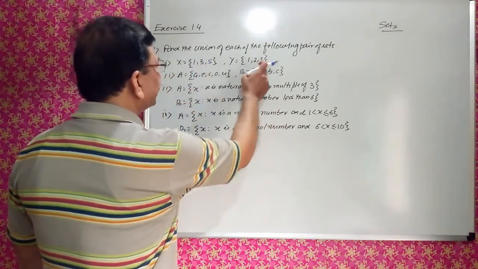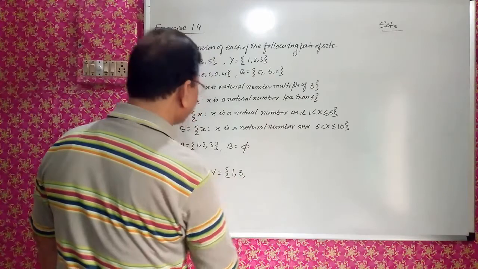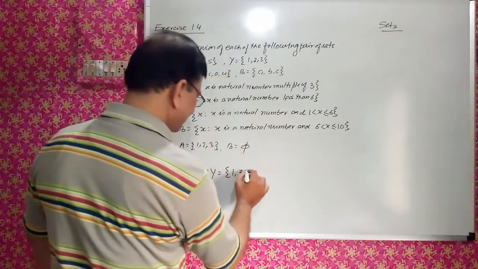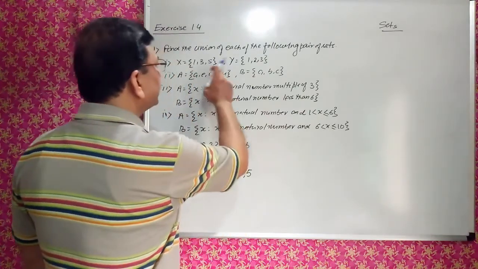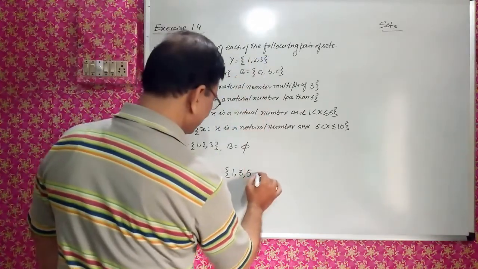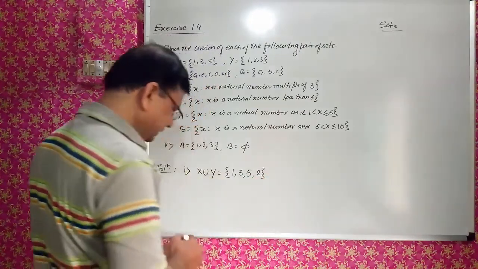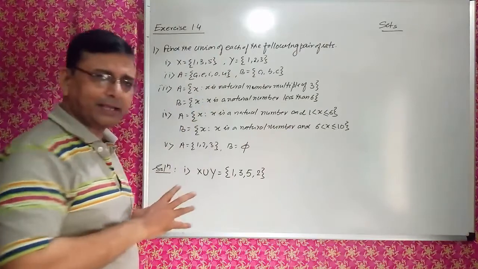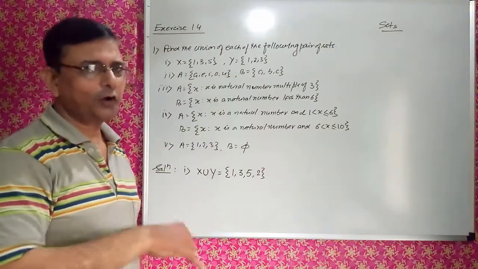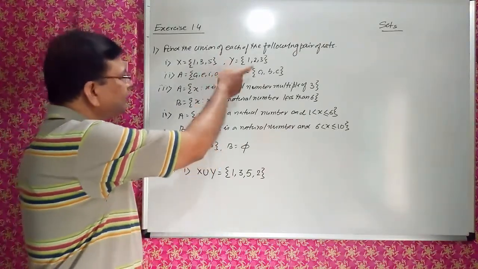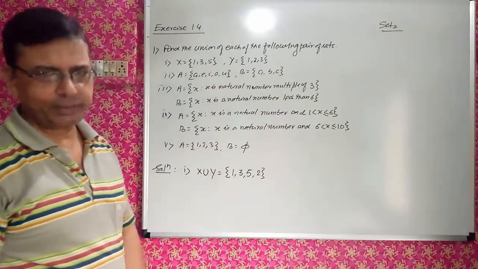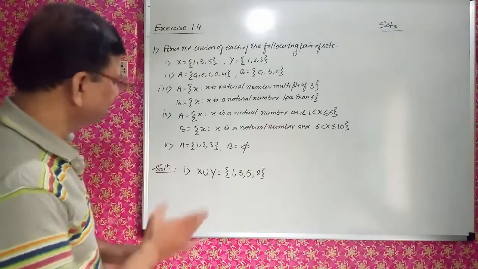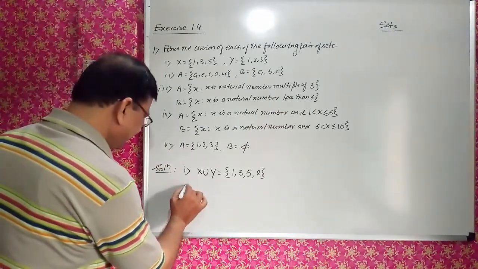Then 3, 3 is at both the places, that I will write. 5 is not there in both, but it is there in this, so we can write 5 also. Then 2 is there in this, so I will write 2 also, because the definition is either in X or in Y. Elements should be either in X or in Y. So those elements which are not common will also be taken in the set of X union Y. First part is over. Then second part.